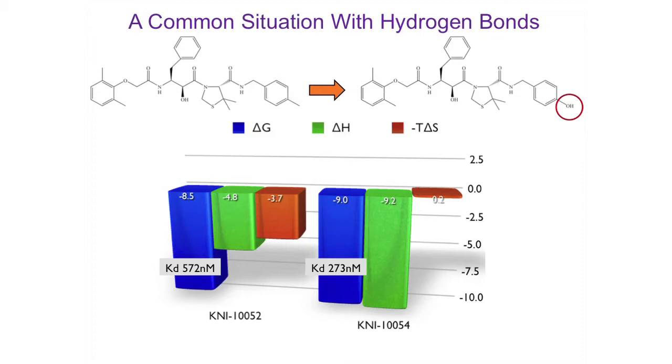But the opposite happens with the entropy. The entropy goes from minus 3.7 to 0.2. So almost a complete compensation of the gain. This is what is called enthalpy-entropy compensation. And also let you know that the magnitude of the changes in the case of polar groups are much, much higher than those observed with non-polar groups.